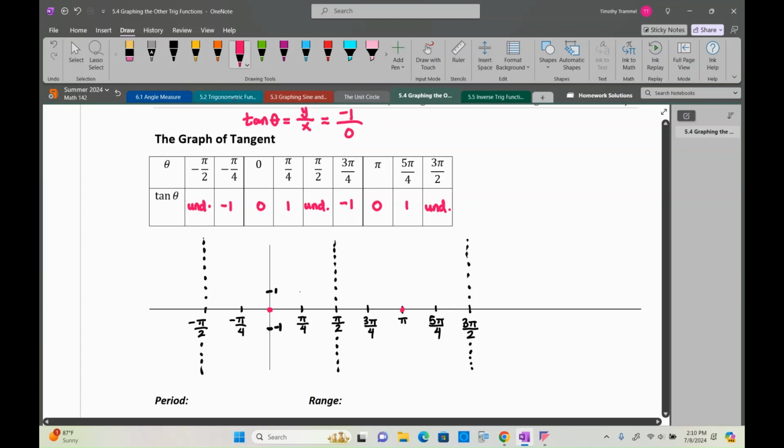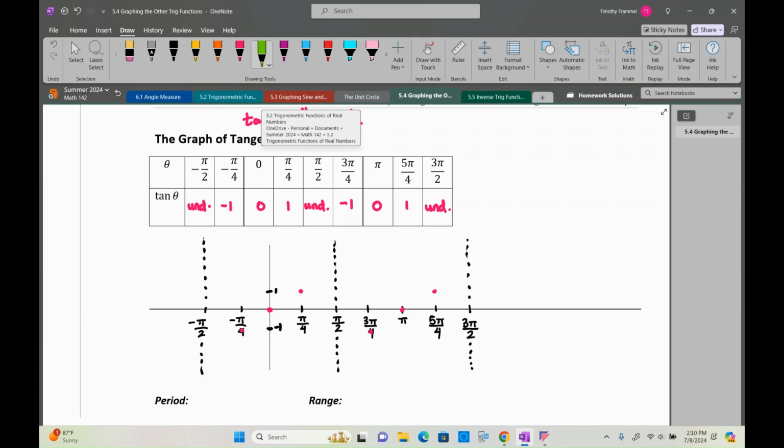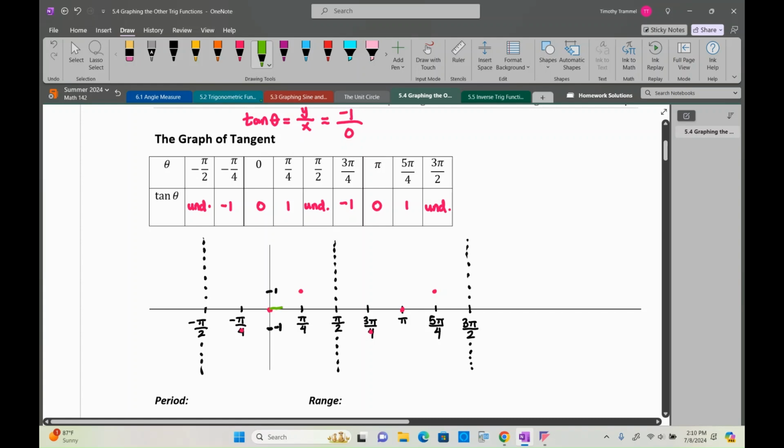So now if I fill in the remaining 1s and -1s, it just looks something like this. And if we want to, we can actually start connecting these. If we were to do so, it will have a little bit of curvature like this.